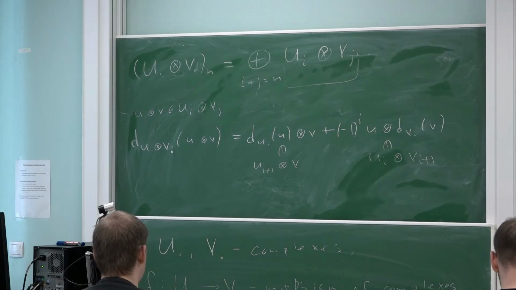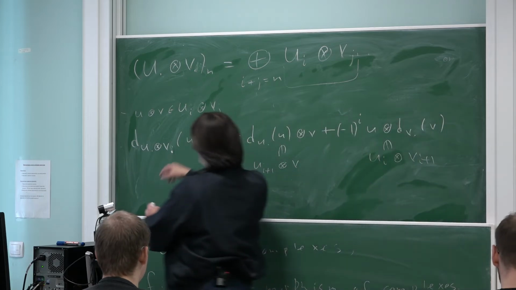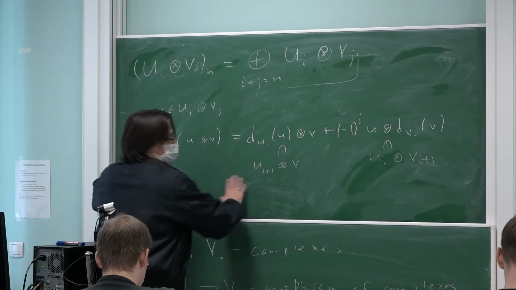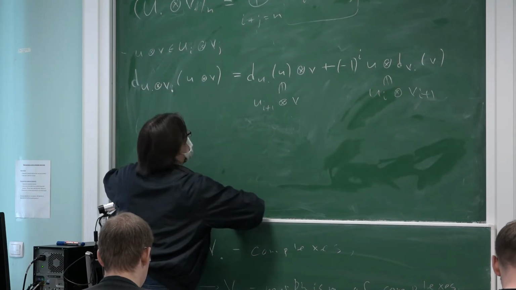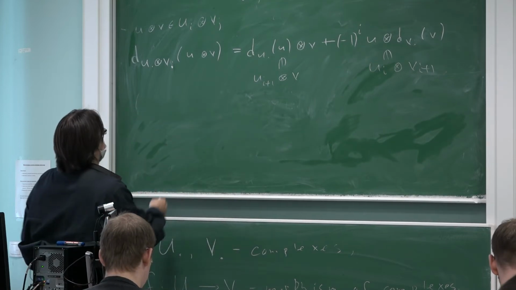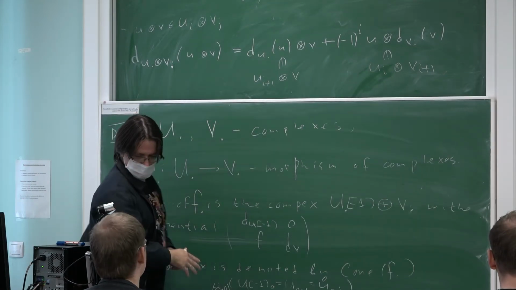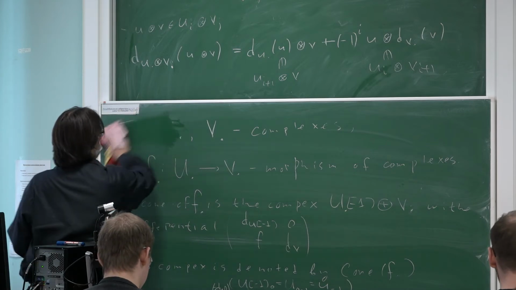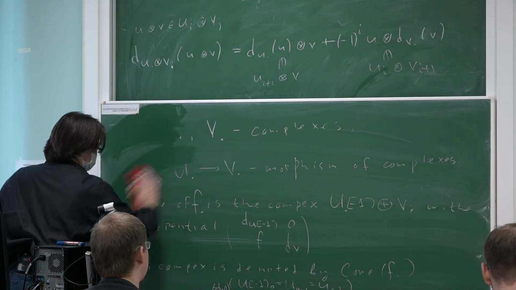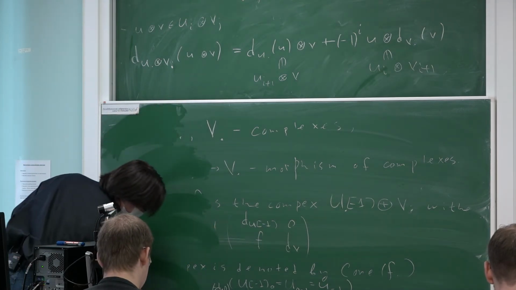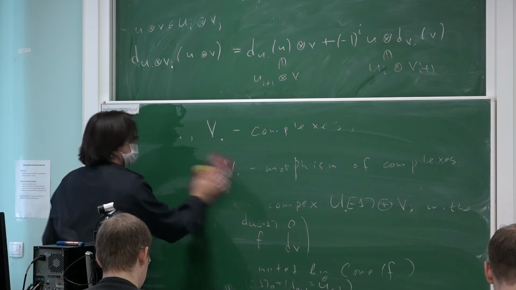And you can check that it's really a differential. But sometimes people construct the tensor product complex in 2 steps. First of all, they construct a double complex.